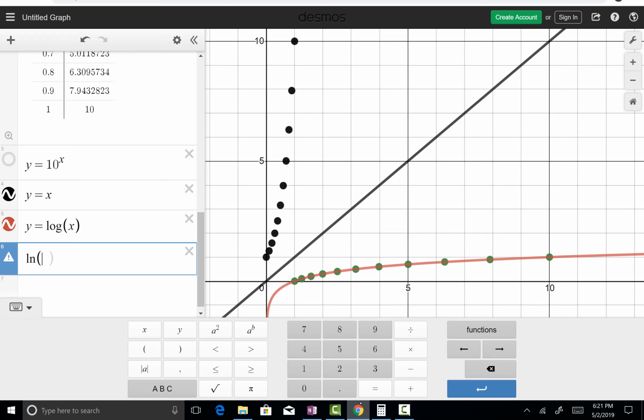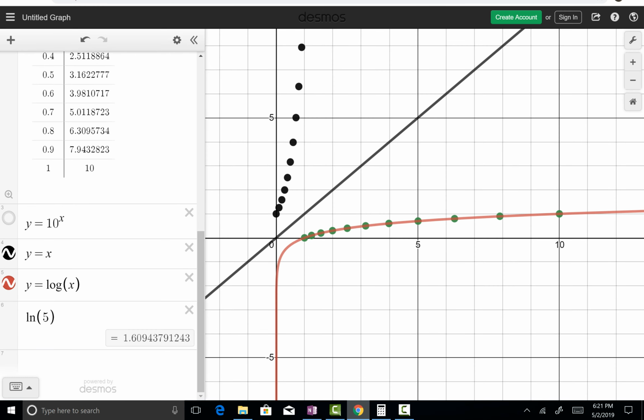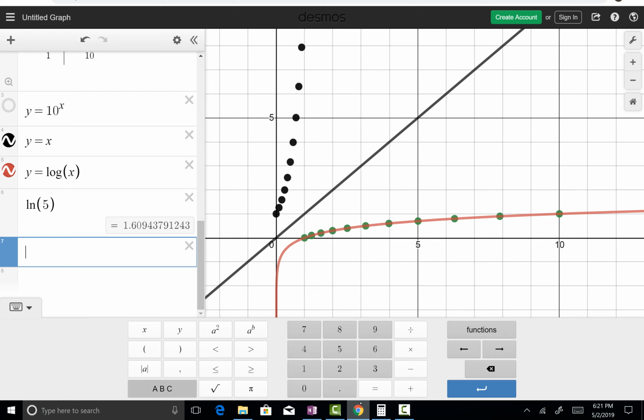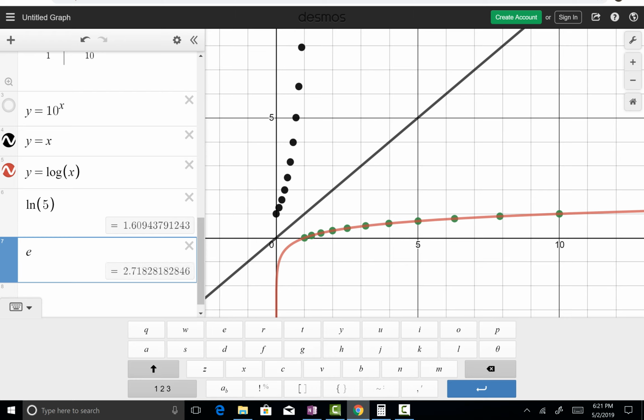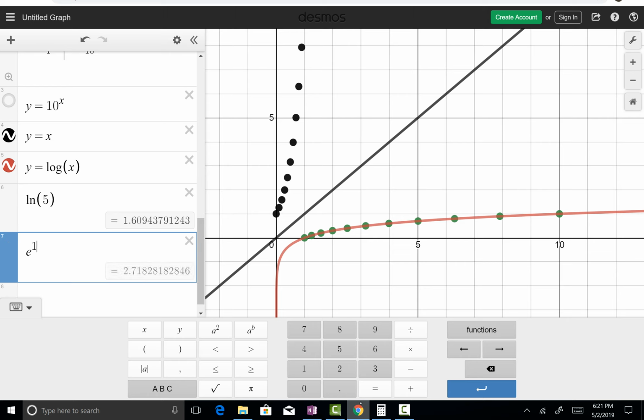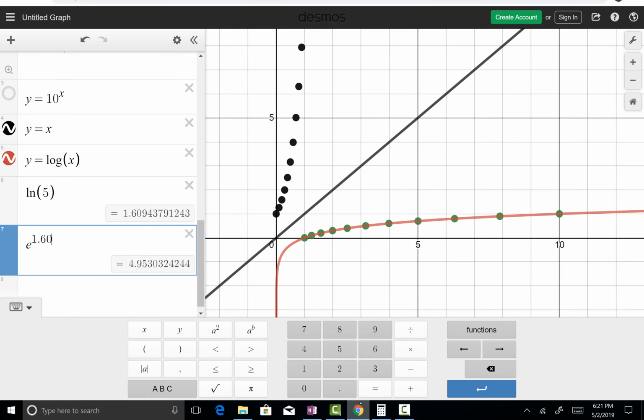So let's go to ln of 5 is 1.609. So what does that mean? Well, that means if I take e to the 1.60943, you can see that I'm getting really, really close to 5, which is a number in there.